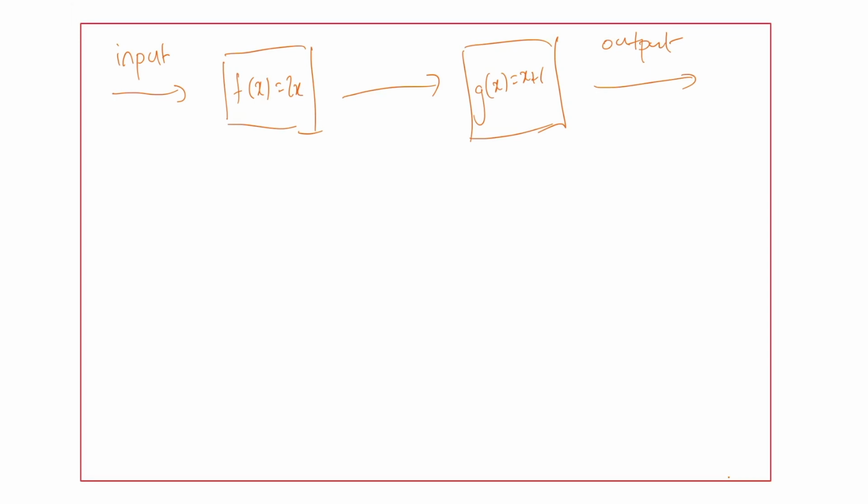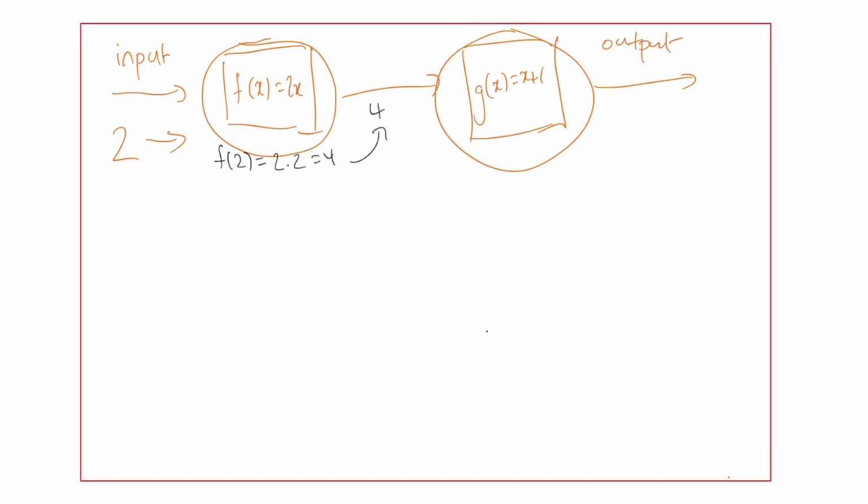Let's express the idea of composite functions mathematically. We're going to do that by returning to our function machines example, which represents a whole composite function made up of these 2 functions or function machines. What we did is we inputted 2 into f of x, and so for that we just have to plug in 2, and we get 2 times 2, which is 4.